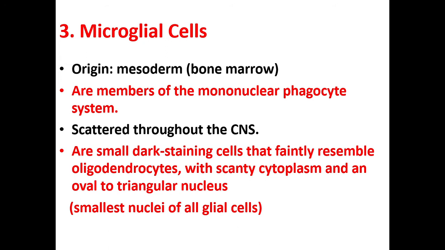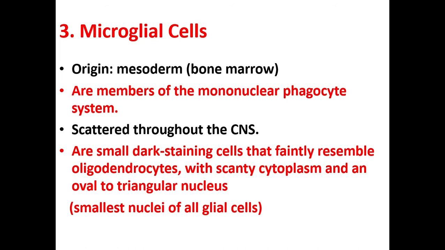The microglial cells are scattered throughout the central nervous system, the spinal cord and the brain. They are described to be small, dark staining cells that faintly resemble oligodendrocytes with scanty cytoplasm and an oval to triangular nucleus. They are considered to have the smallest nuclei of all glial cells.